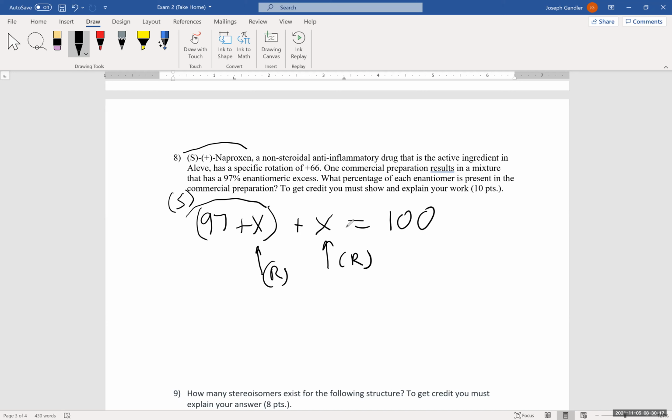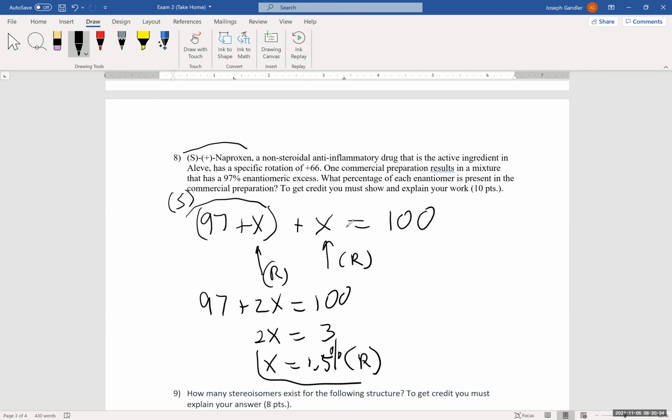So if you add this up, you have 97 plus 2X equals 100. 2X is equal to 3, 100 minus 97. X is 1.5. So that's 1.5%. That's the amount of the R-naproxen. And then 97 plus X is the amount of the S-naproxen.